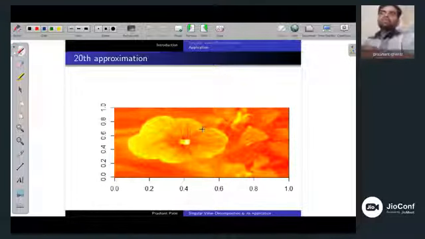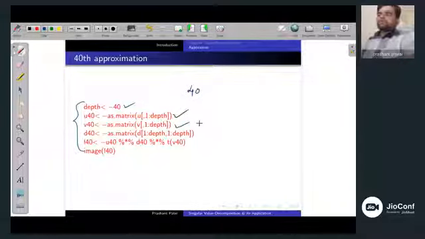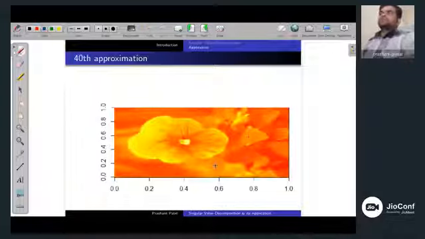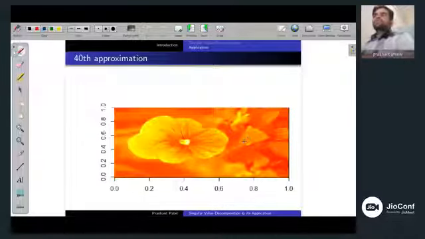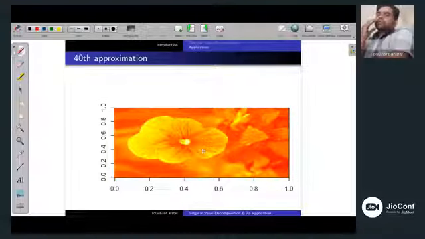Then for further approximation, I'm taking 40: 40 columns of U, 40 columns of V, and 40 singular values, making a product of that, and that looks like this. From this we can see that almost all information can be retrieved.